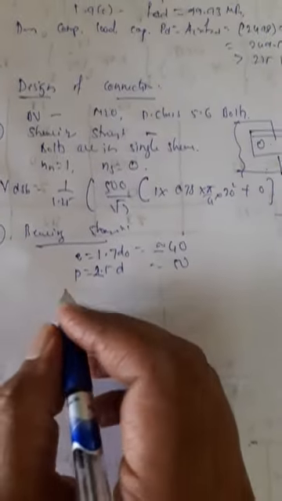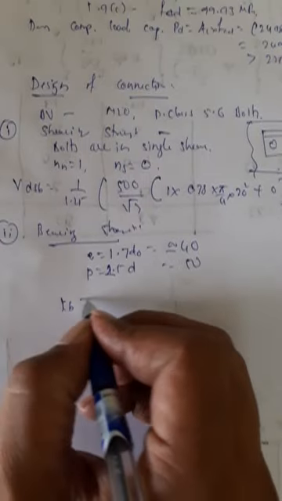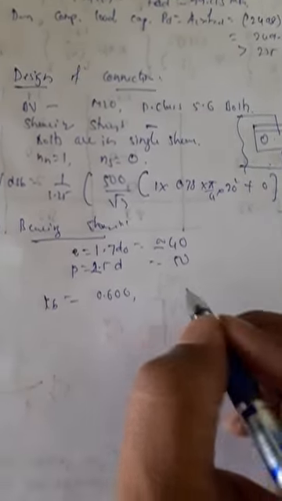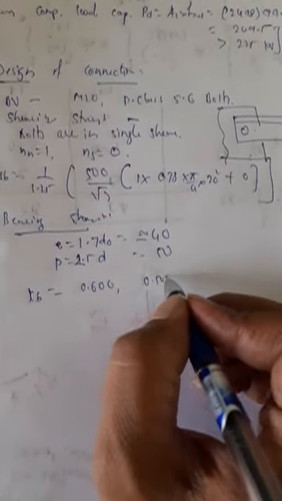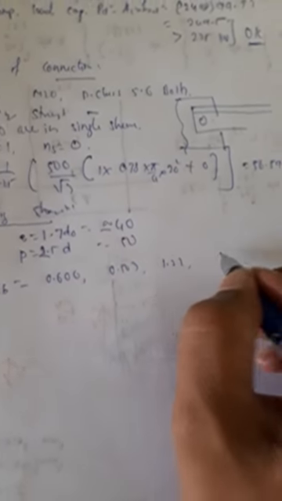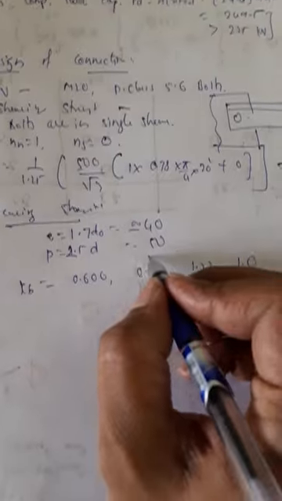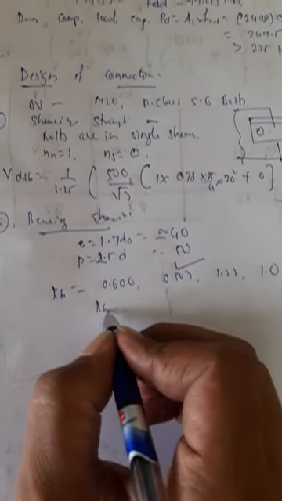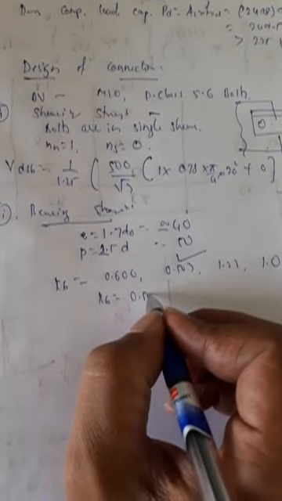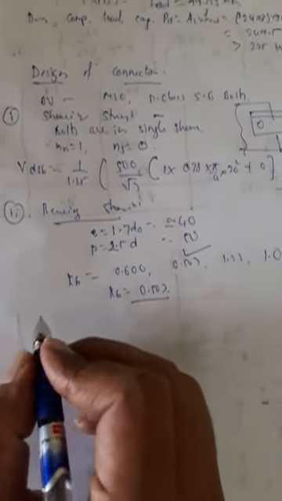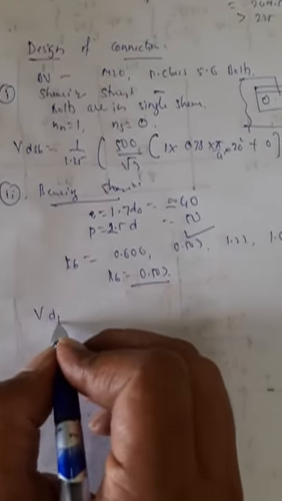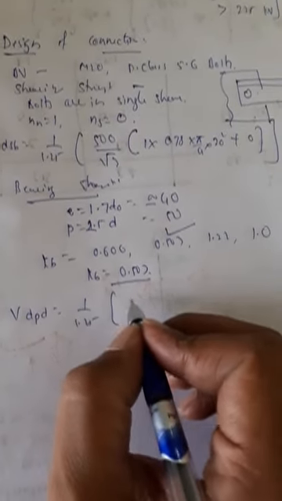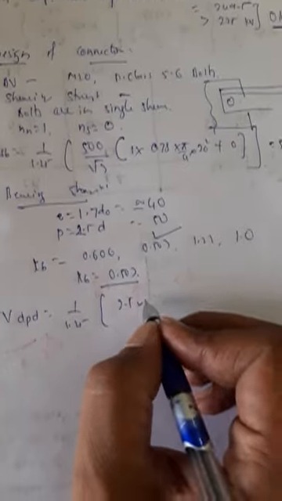Next you need to calculate KB. So KB, there will be 4 values. You solve it. First value you get 0.606, 0.507, 1.22 and 1.0. Choose the least value, 0.507. So KB is equal to 0.507. Now calculate design bearing strength PDB, that is given by 1 upon 2.5, partial safety factor, into 2.5 KB.